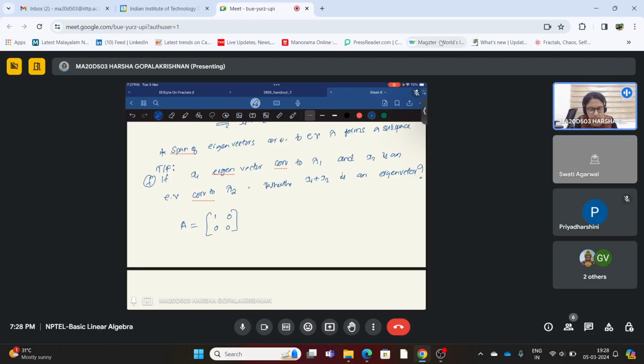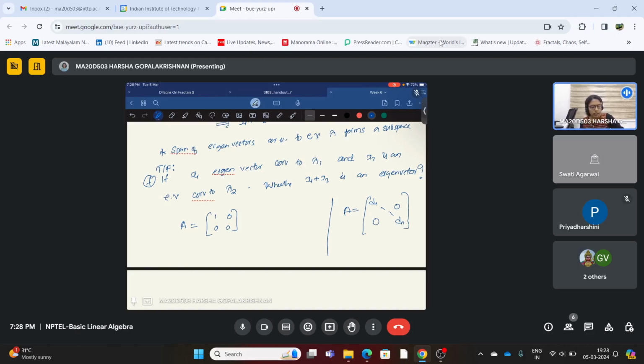This is a diagonal matrix, right? So for a diagonal matrix, what are all the eigenvalues? Just the diagonal entries. Whatever diagonal matrix I am taking, the non-diagonal entries should be 0, that's all; on the diagonal, whatever is okay, even zero.